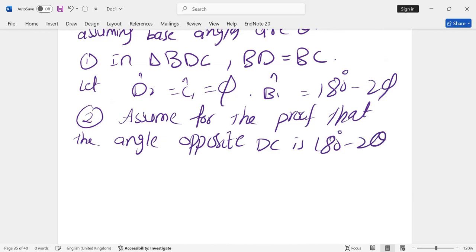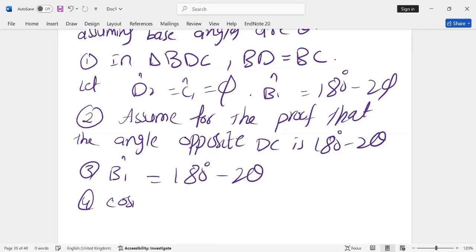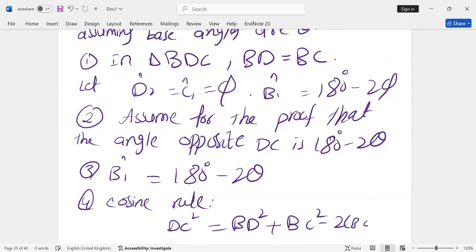The third point is that B1 equals 180 degrees minus 2 theta. The fourth point is the cosine rule: DC squared equals BD squared plus BC squared minus 2 times BC times BD times cos B1.